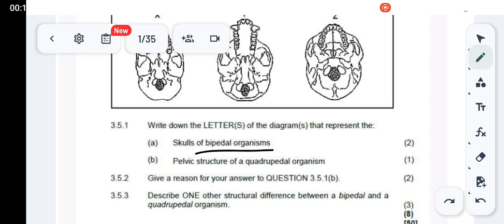So bipedalism is the ability to walk with 2 legs, and that is our locomotion as humans, because humans are bipedal. So the question is asking you to write down the letters of the diagrams that represent the skulls of humans. That is for 2 marks.